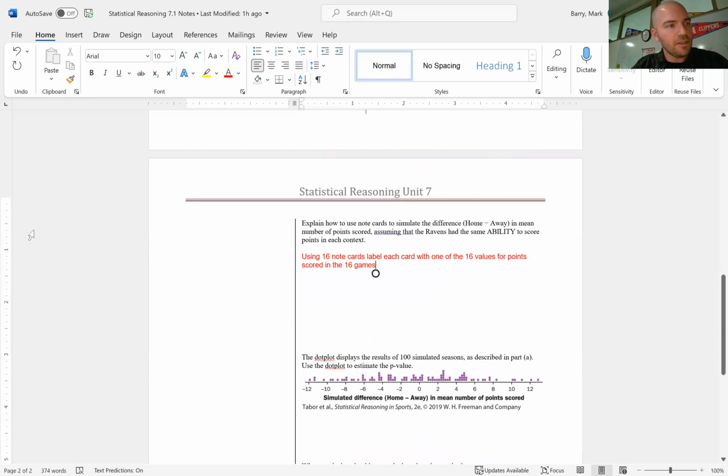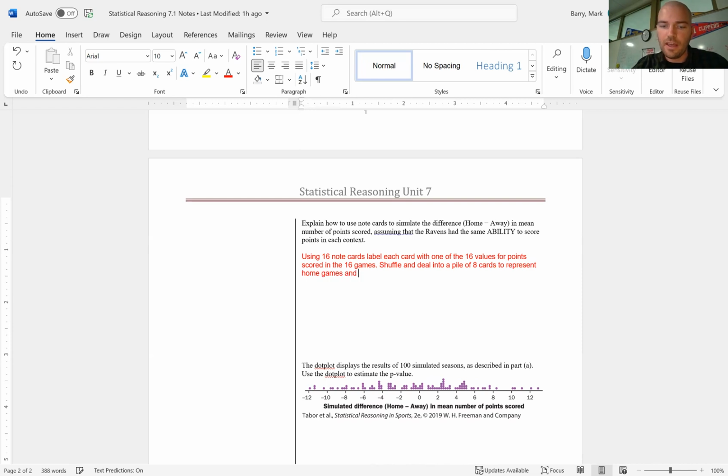And then after that, I would shuffle and deal into a pile of 8 cards to represent home games, and another pile of 8 to represent away games.